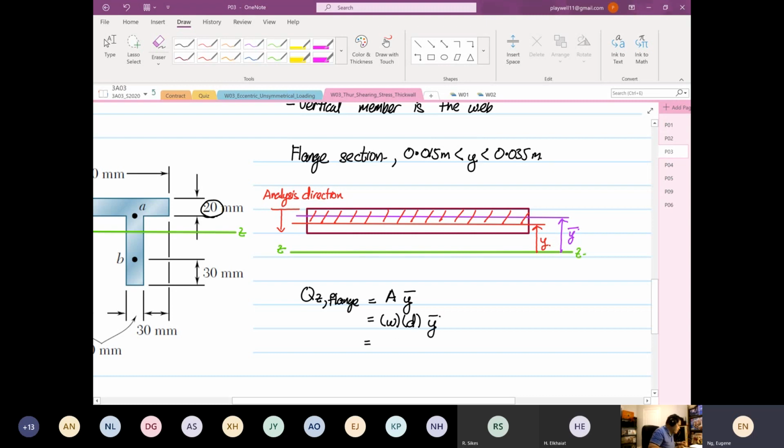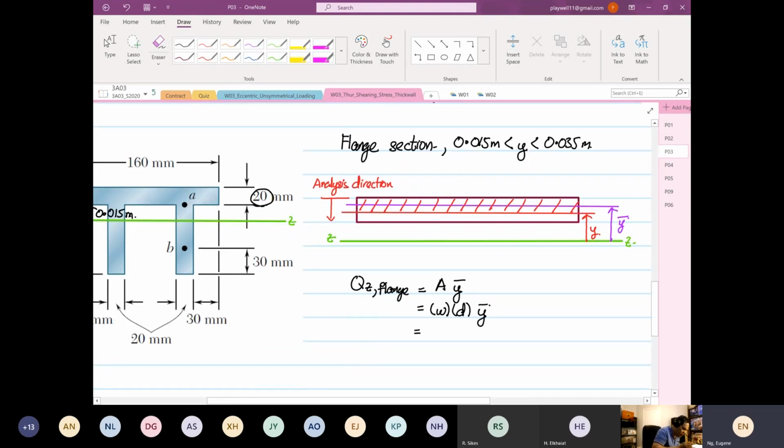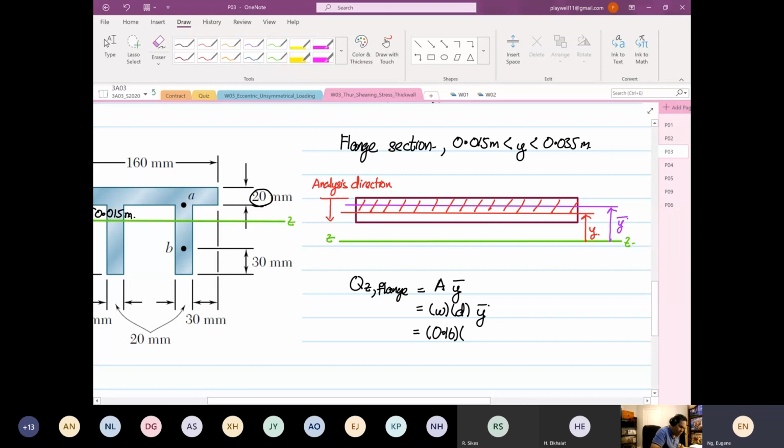So the width over here, based on geometry, is 0.16. And then the depth is equal to 0.035 minus y. Okay, that's the depth. So this expression over here.